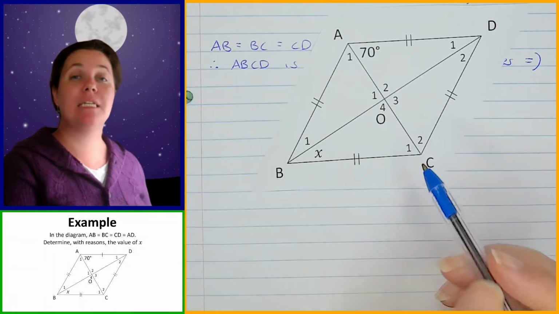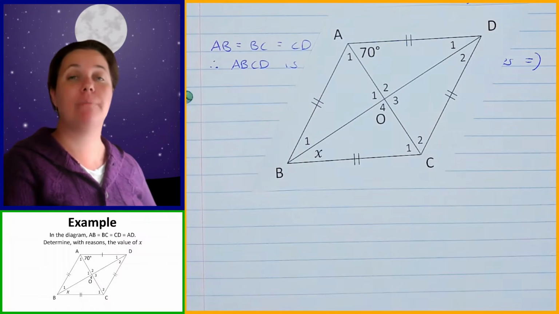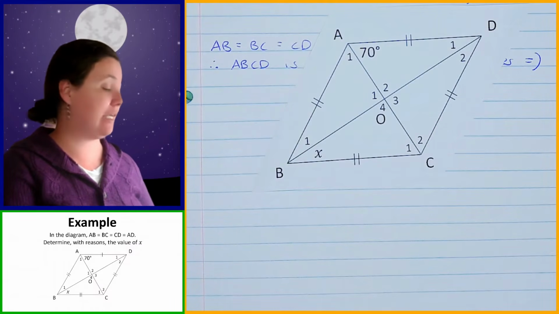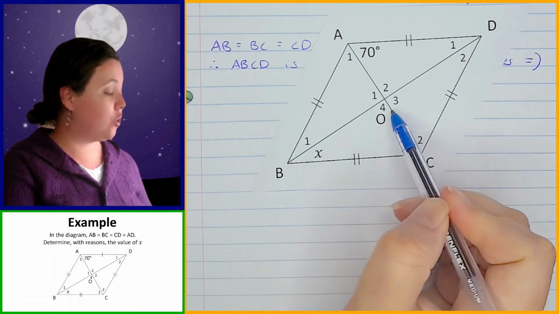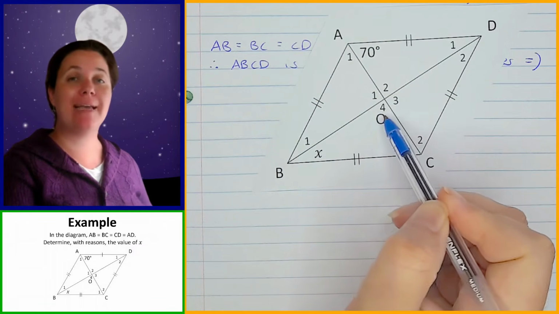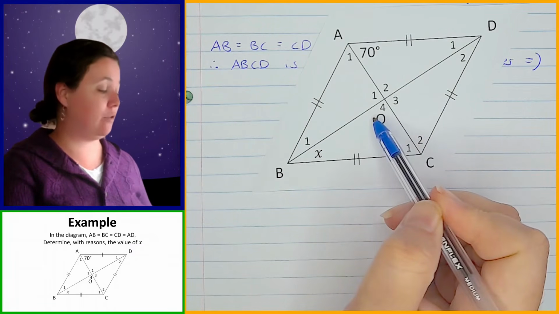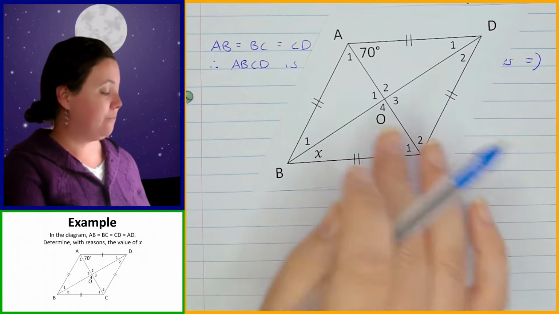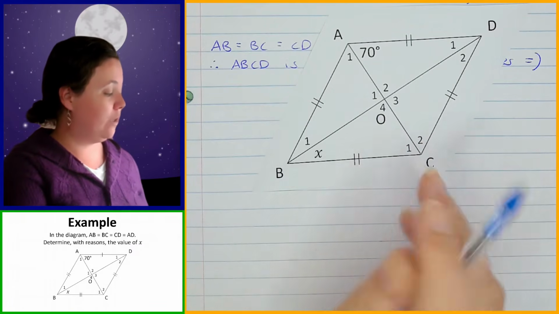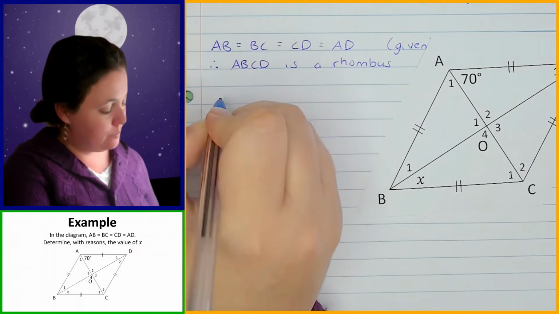But a rhombus is special because the diagonals bisect each other at 90 degrees, which means that I know that this angle over here is going to be a right angle. So I'm going to go and say that angle O4 is a right angle.